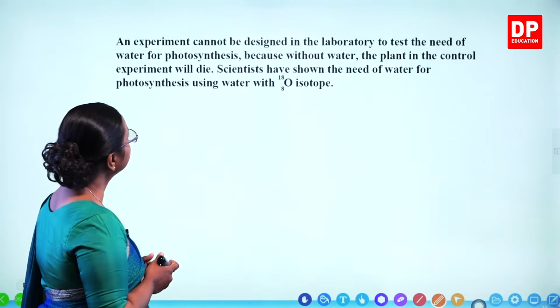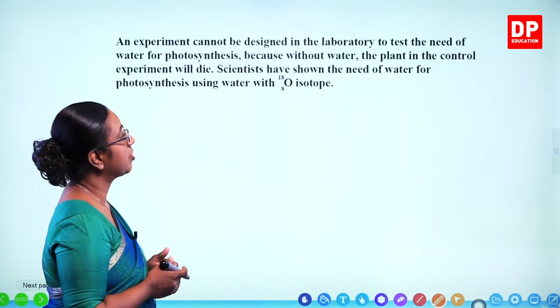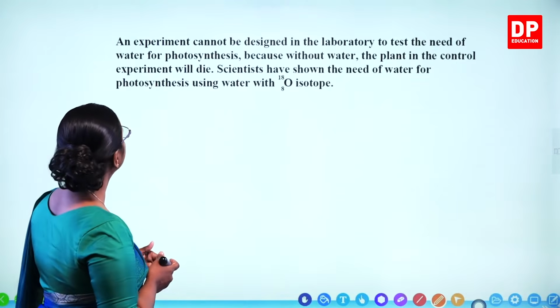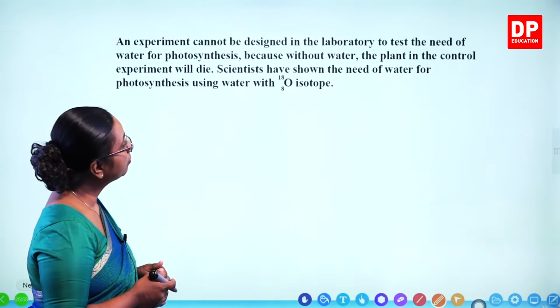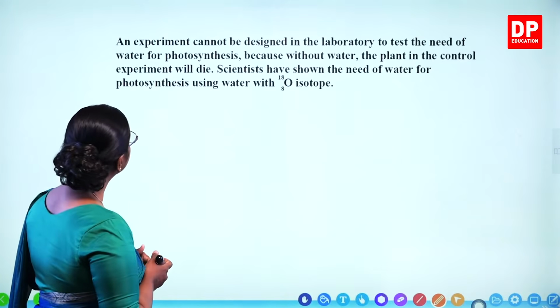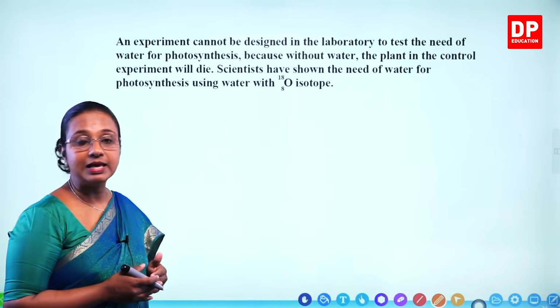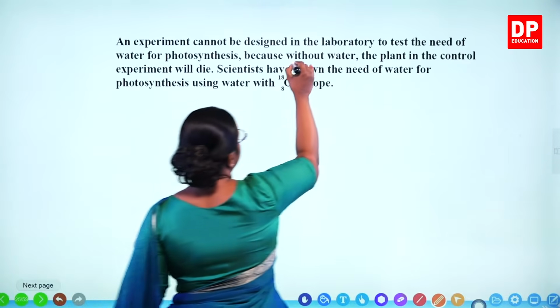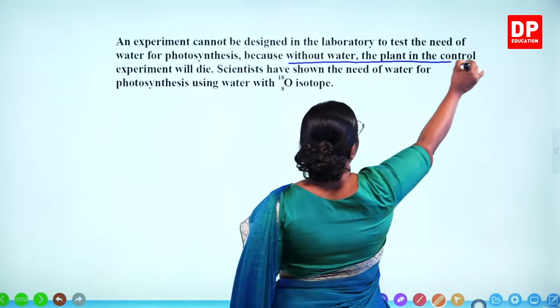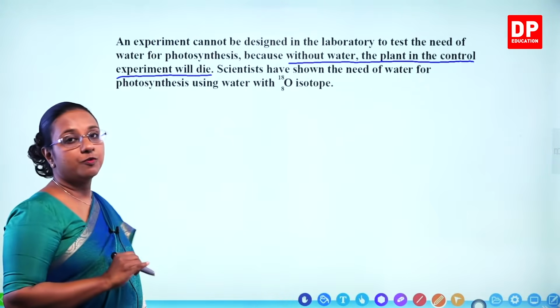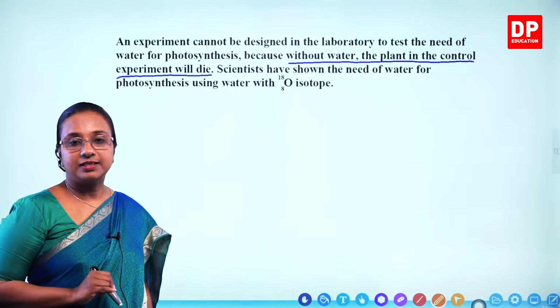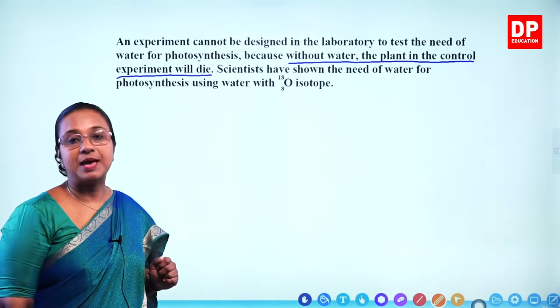An experiment cannot be designed in the laboratory to test the need of water for photosynthesis, because without water, the plant in the control experiment will die. So this is something that you already know and that you have to remember. So therefore, we can't do this activity in a normal manner.